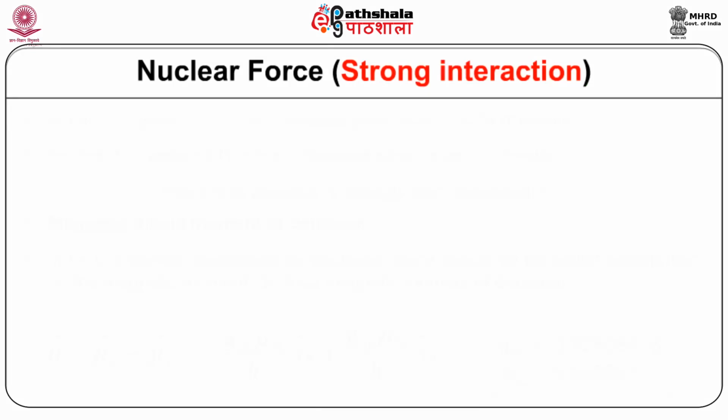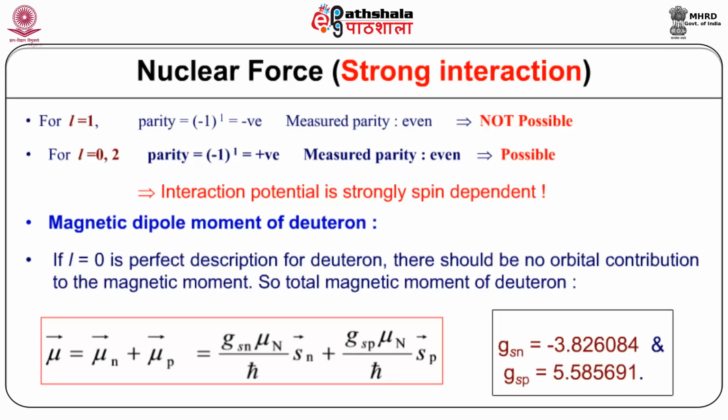Nuclear force, strong interaction. We are discussing the case of deuteron. Now for L = 1, where L is the orbital quantum number, parity is (-1)^L, that is, negative. Measured parity is even, so not possible. For L = 0 and 2, parity (-1)^L is positive.